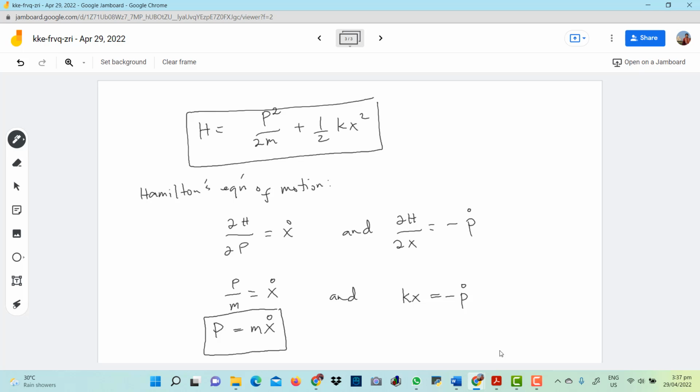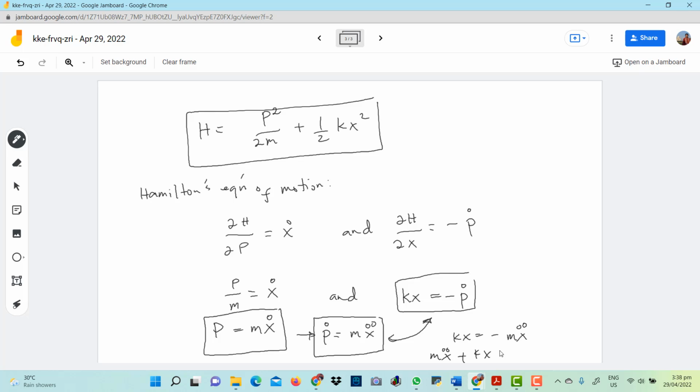And then if you derive p dot, it becomes mx double dot. Comparing the two, I will get kx equal to negative mx double dot. Therefore, mx double dot plus kx is equal to 0, which is the equation of motion for the harmonic oscillator.